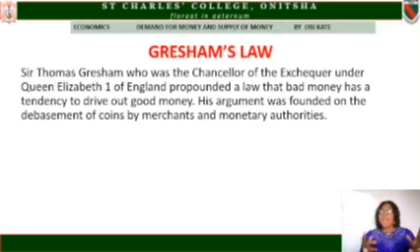So he propounded a law that bad money has a tendency to drive out good money. His argument was founded on debasement of coins by merchants and monetary authorities.